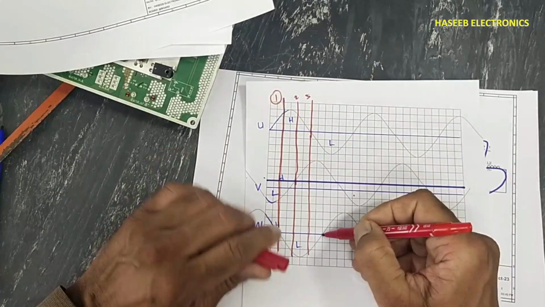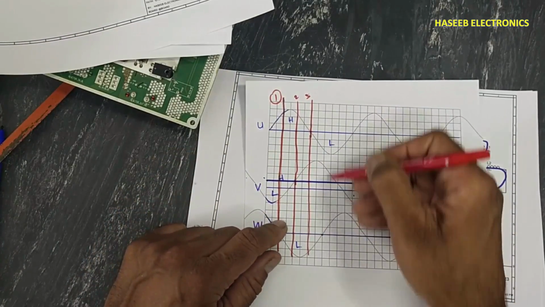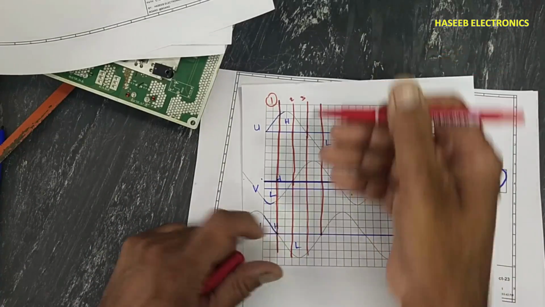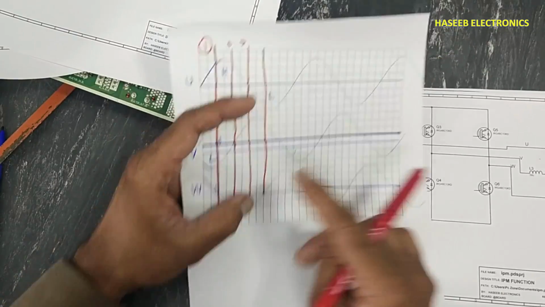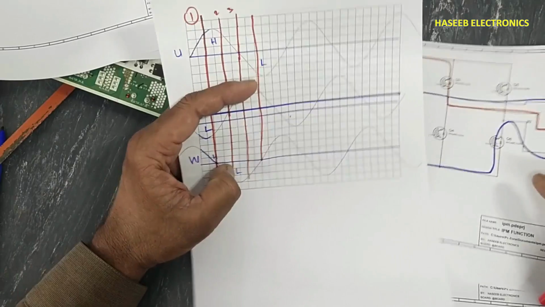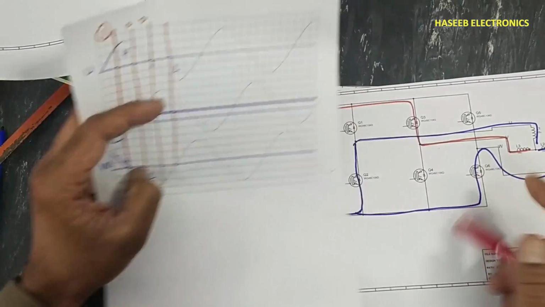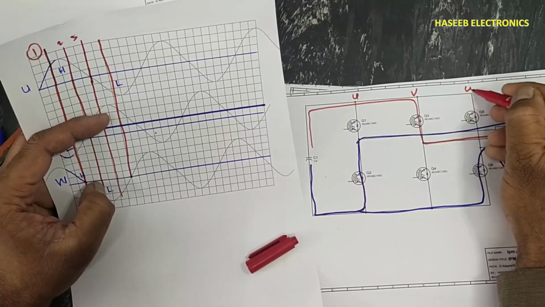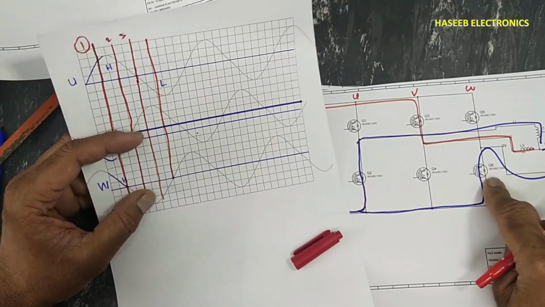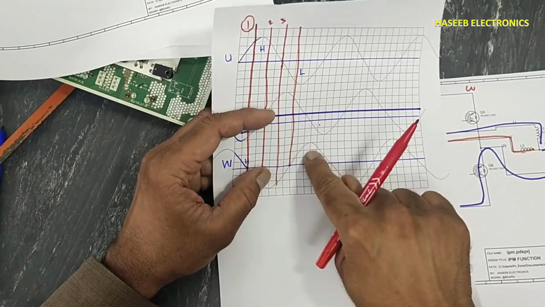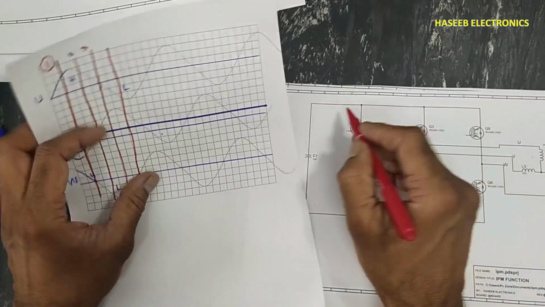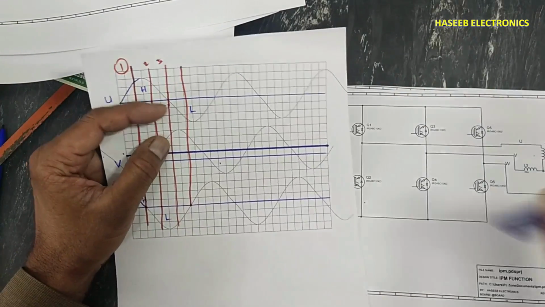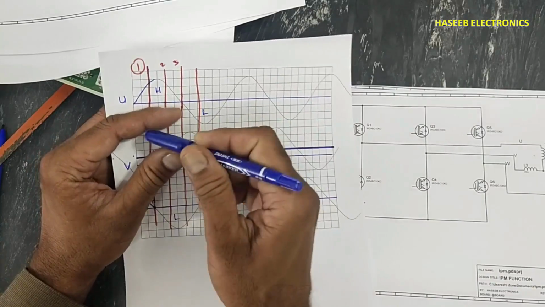Now the next stage here, this one. Here WL, UVW, WL will turn off and this will turn on. If we check, this is on now.